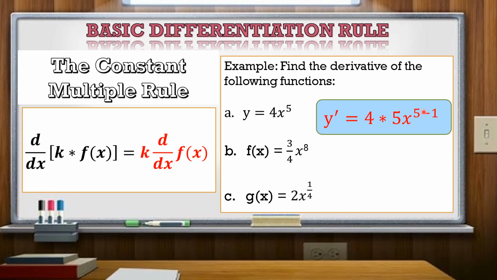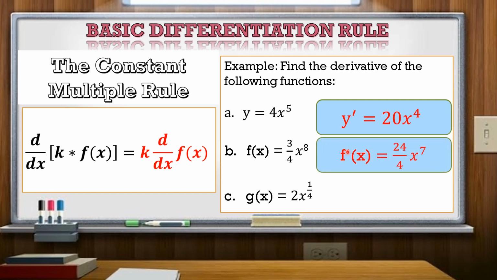Or, sa pinakamadaling paraan, okay, kahit hindi na natin ihiwalay yung constant, yung gagawin na natin is, ibababa yung 5, i-multiply by 4, kaya naging ganito siya, then subtract by 1 to get 20 times x raised to the 4th power. Letter B, ganun din yung gagawin natin na, ibababa yung 8, so i-multiply natin siya sa 3/4, then magbabawas tayo ng 1.